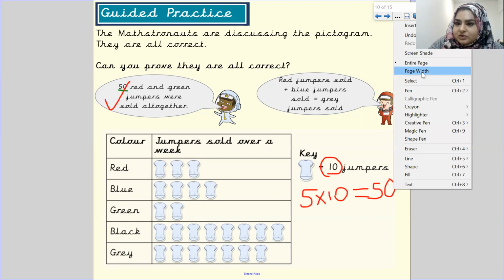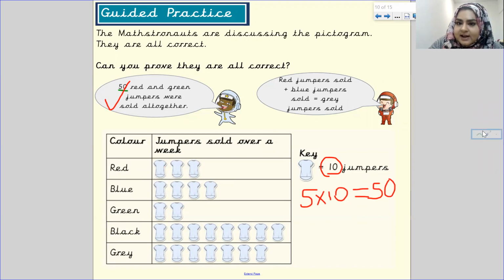Okay. Now let's work out what the red mathstronaut is saying. So the red mathstronaut is saying that the red jumpers plus the blue jumpers is equal to the grey jumpers sold. So now we know 1, 2, 3 red jumpers plus the blue jumpers, 4, 5, 6, 7.